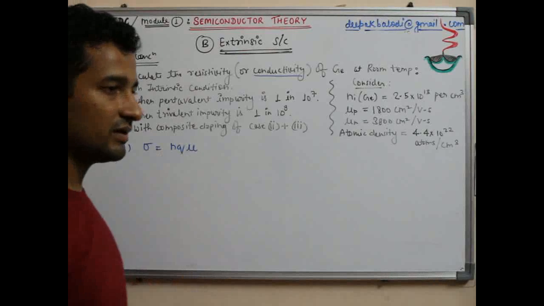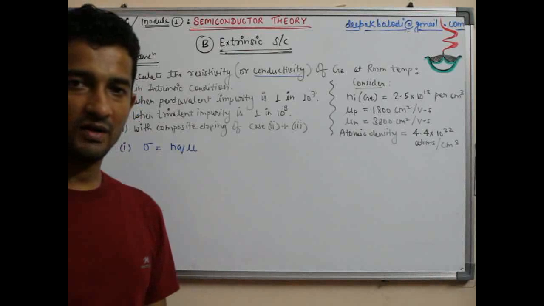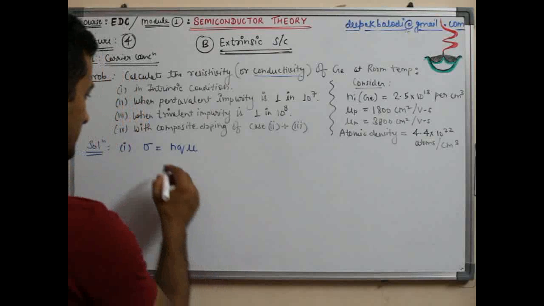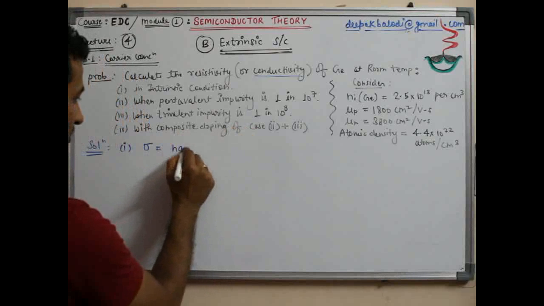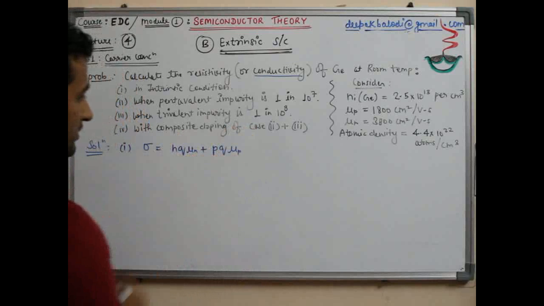But we know that in any semiconductor, be it intrinsic or extrinsic, in current conduction there is a contribution of both types of carriers. So in a more generic form we should write it as nQμn plus pQμp.